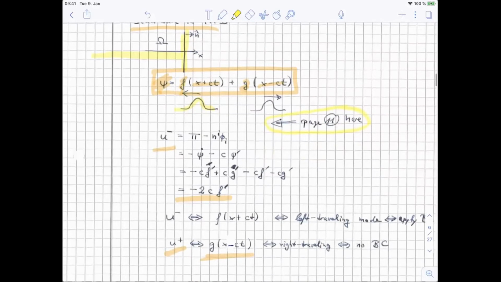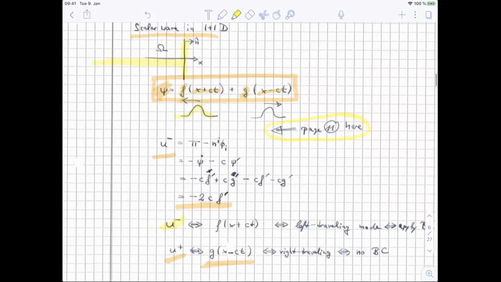And in the more generic way of playing this game, u minus is the left moving mode. It's the mode that has a negative velocity relative to the unit normal n.